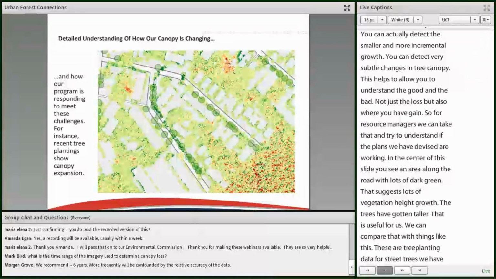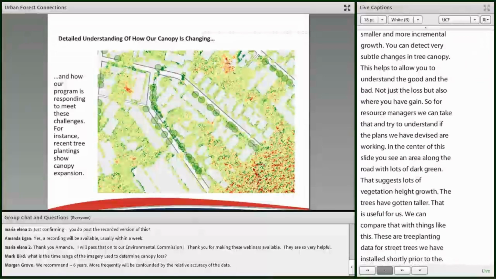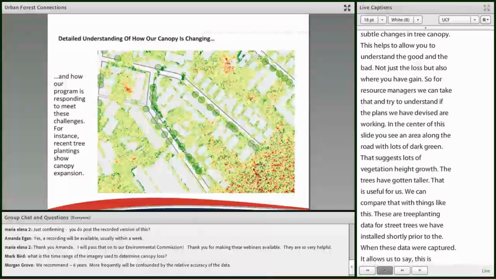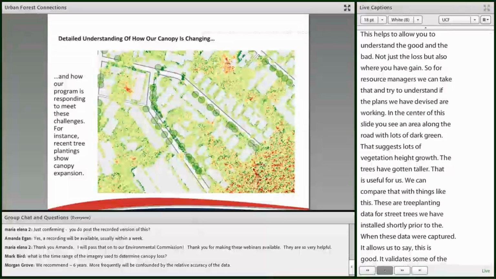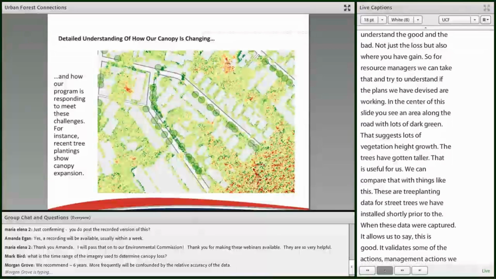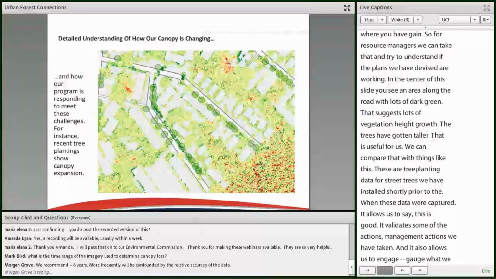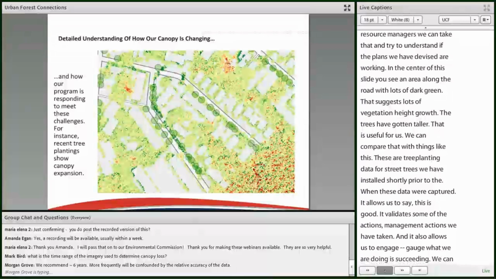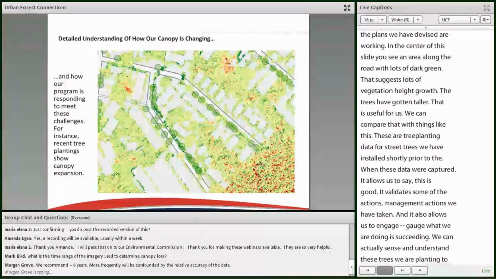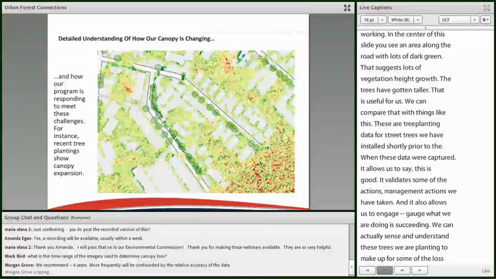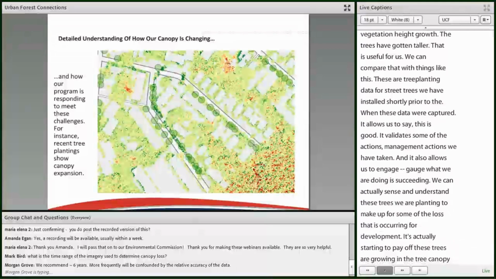And so it allows us to say, well, this is good. It validates some of the management actions that we've taken, and it also allows us to gauge that what we're doing is succeeding. We can actually sense and understand that these trees that we're planting to make up for some of the loss that's occurring due to development is actually starting to pay off, that these trees are growing and tree canopy is accruing. So that's what I really wanted to talk about, kind of go through a few examples like that.